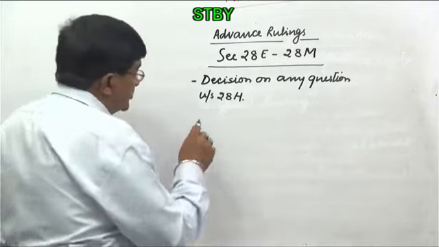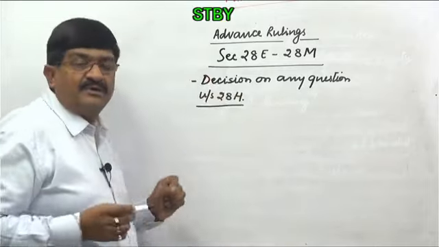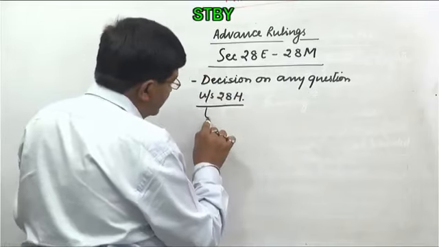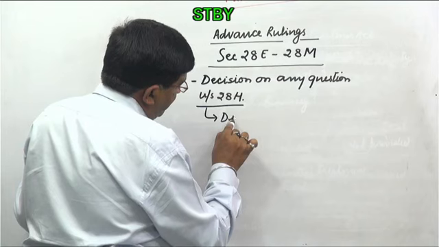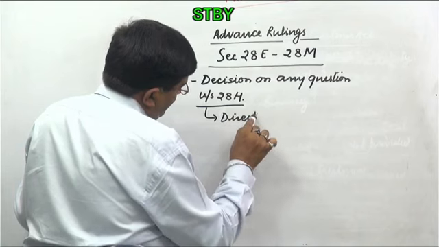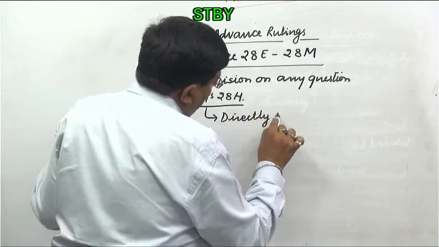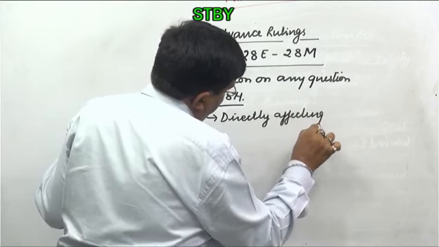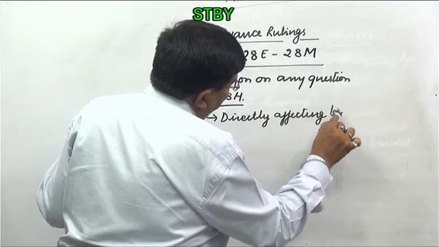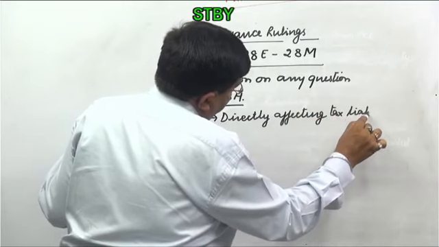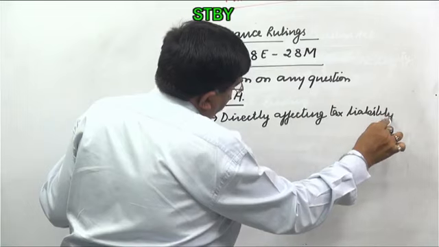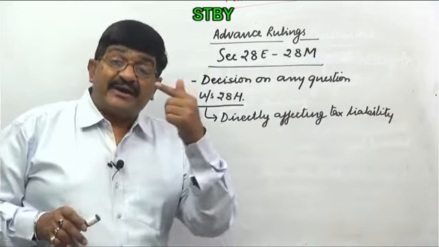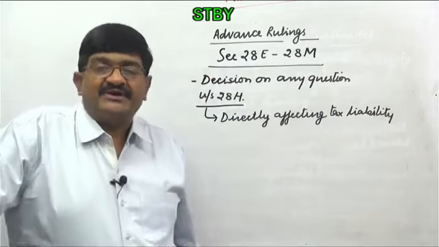And these questions are, before I go to 28H, let me explain what these questions are. These are the subject matters directly affecting tax liability. Those are having direct connection with the taxability or the amount of the tax.